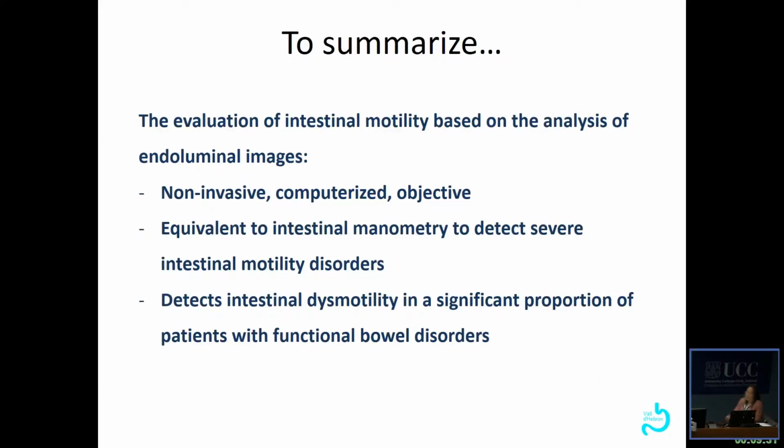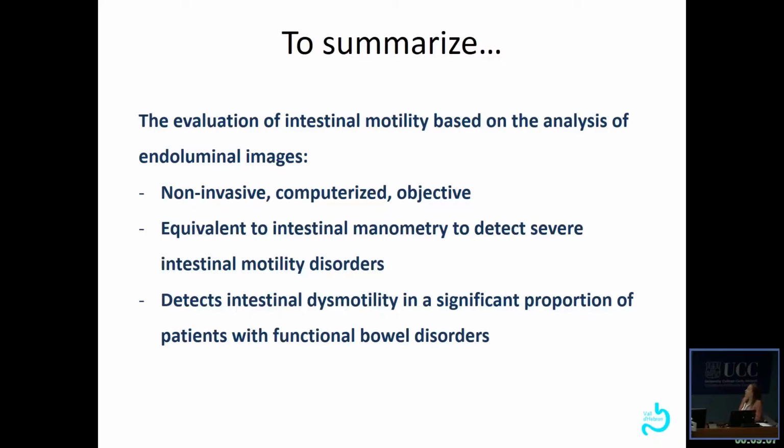So to summarize, until this point, what we've developed is a non-invasive, computerized, objective technique, which is equivalent to intestinal manometry to detect severe intestinal motility disorders, and it also detects intestinal dysmotility in a significant proportion of patients with functional bowel disorders.